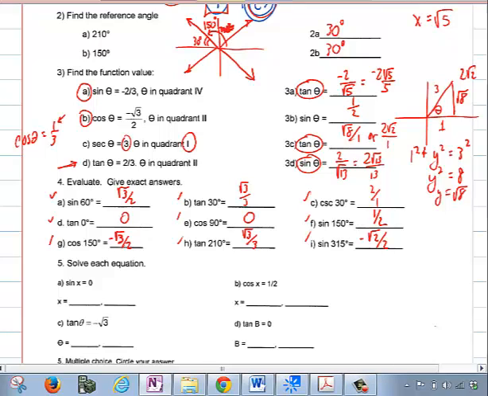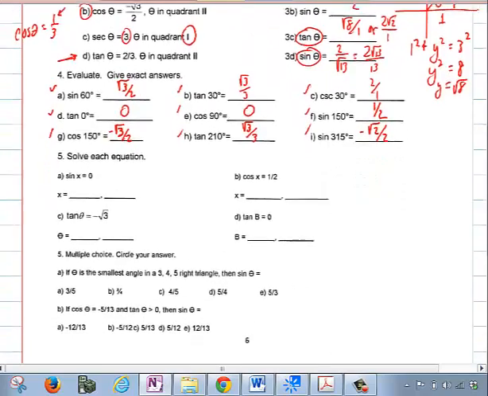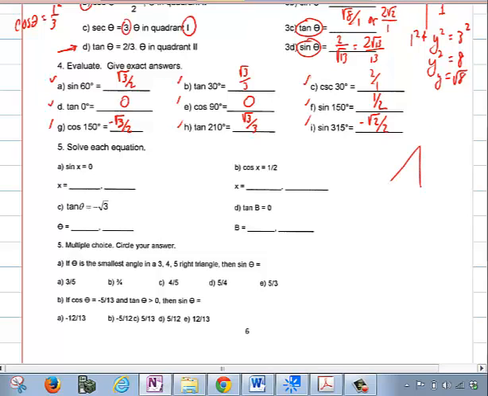Okay, so the answers have been all written in, and you could double check those and look through what we did in class as far as to find those. It's a combination of using your reference triangles, whether they be 45, 45, 90, or 30, 60, 90, or using the chart where we did the quadrantal angles.